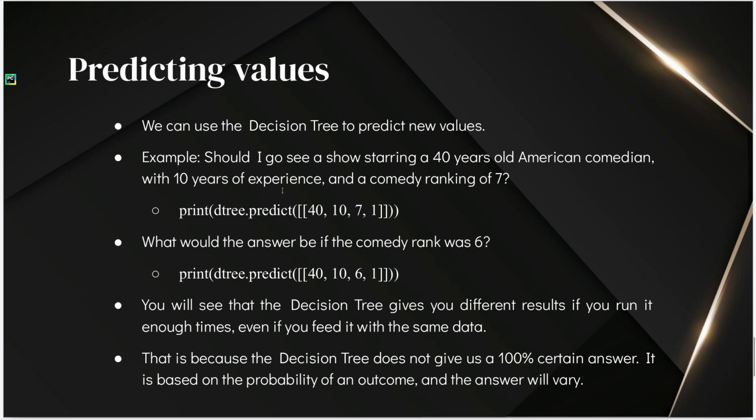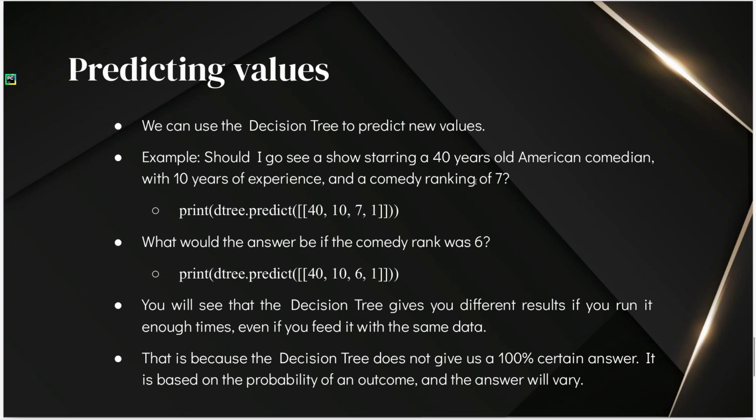You can do that by using this snippet: print d3.predict, with square brackets one after another, 40 for his age, 10 for his experience, 7 for his ranking, and 1 for his nationality, and then you will get an output.